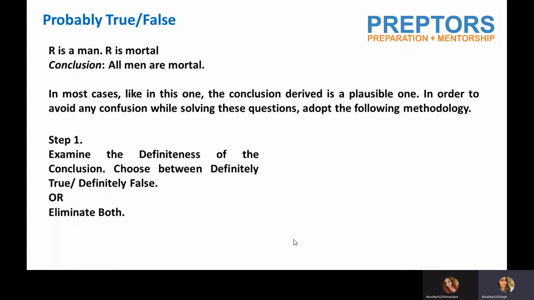So in this case, obviously my question is only about one thing, which is R, right? And my conclusion is about all men. So this can't be definitely true or definitely false, right? So here I eliminate both. I eliminate DT as well as DF, correct? Now let me see the next one.